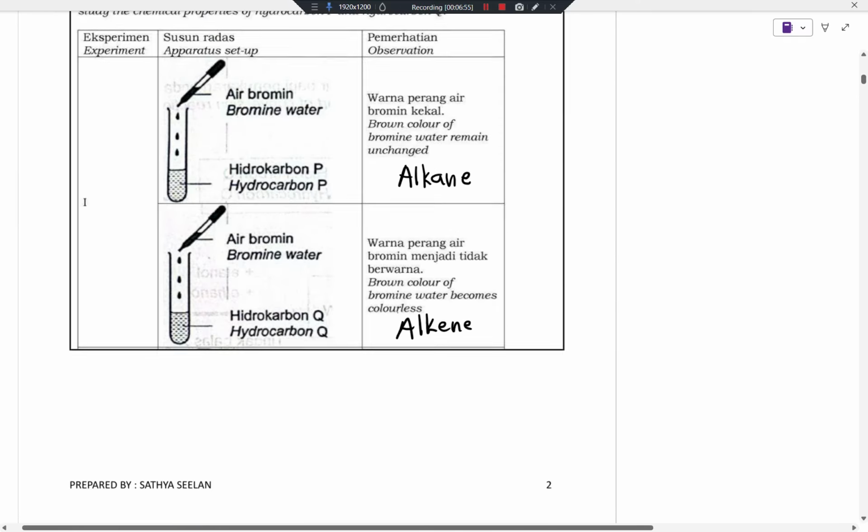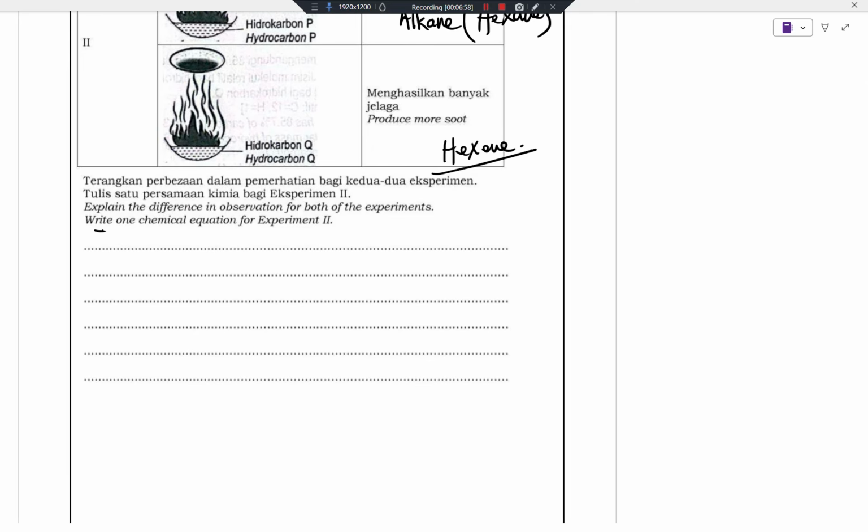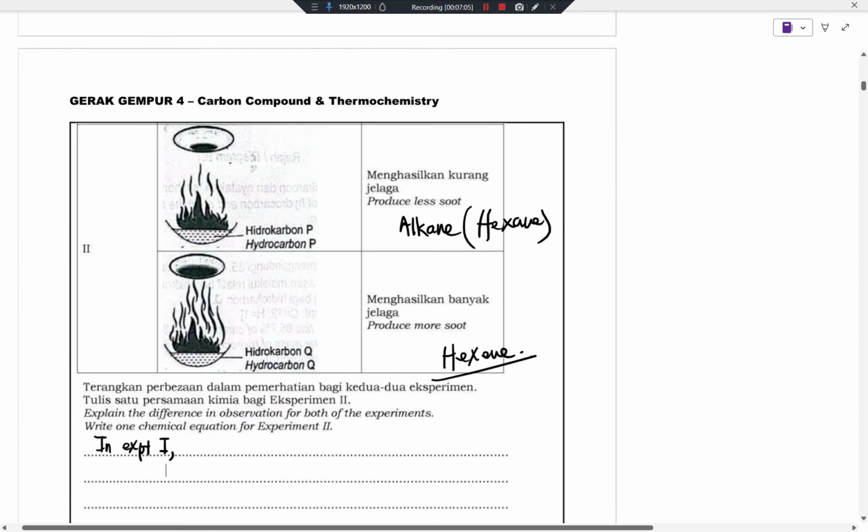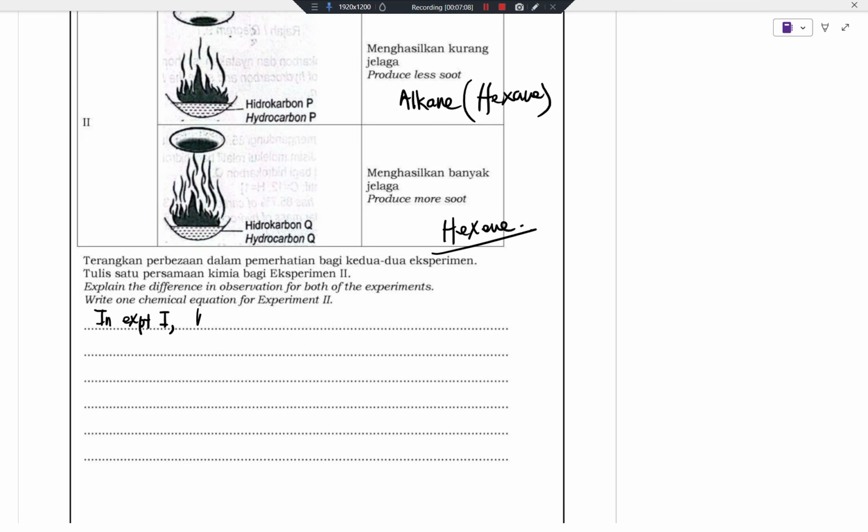Okay, so in experiment 1, compound P, hydrocarbon P, is saturated. So it cannot react with bromine water.